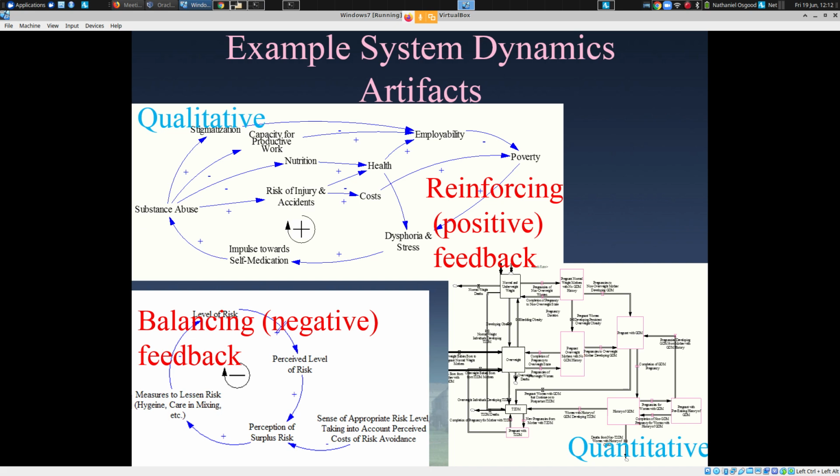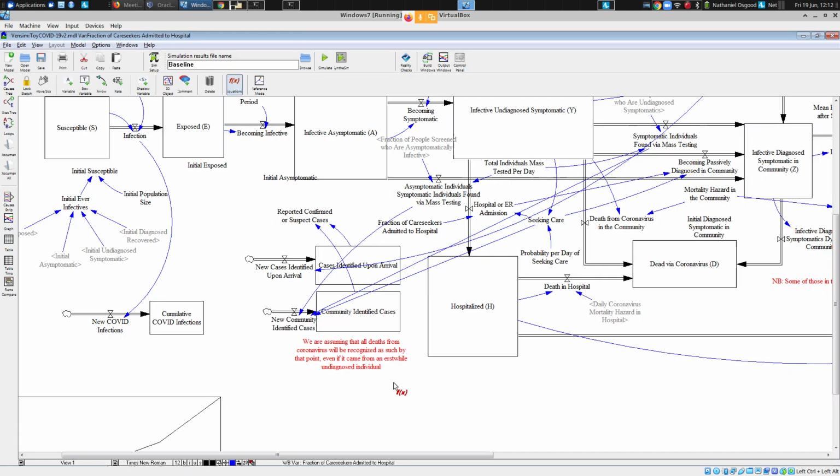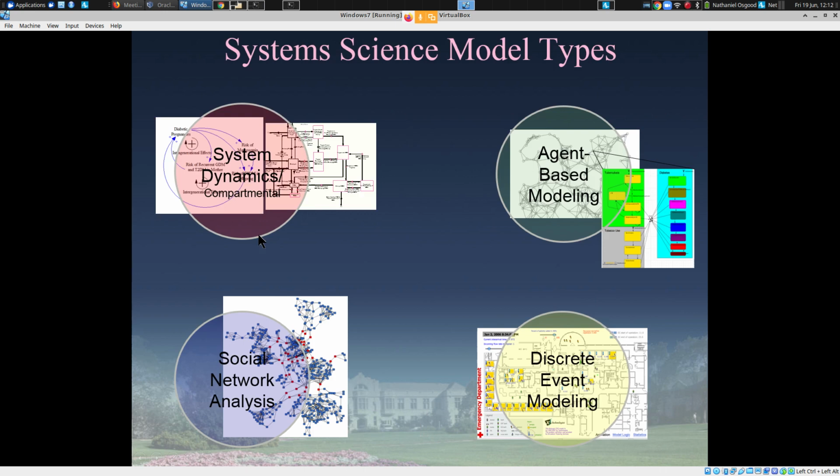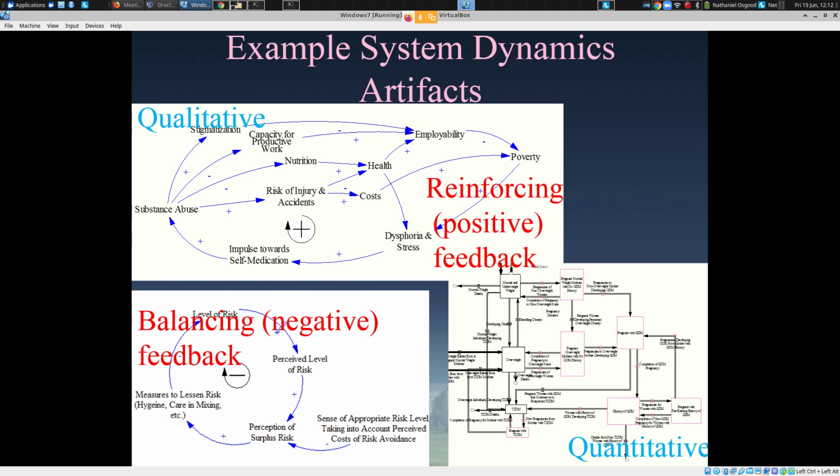We've seen system dynamics models, and we've actually seen two components of that sort of modeling tradition. One has been these stock and flow models, such as this COVID model here. Another has been these causal loop diagrams. System dynamics is a long-standing methodology for helping to visualize, reason about, and help manage complex systems.